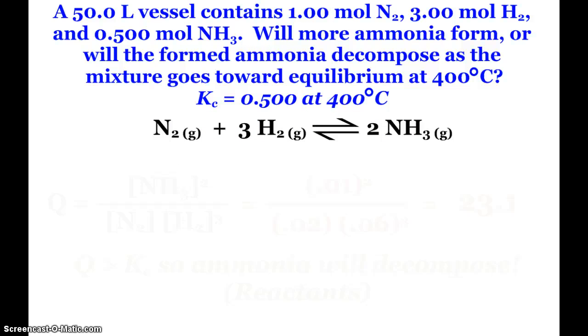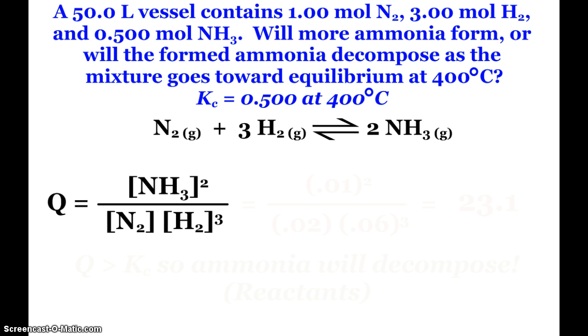We'll use our ammonia reaction. We've got a 50-liter vessel, 1 mole of nitrogen, 3 moles of hydrogen, and a half mole of ammonia in that vessel. So which way is the reaction going to go as it heads towards equilibrium at 400 degrees Celsius? And there's my Kc. So again, my Q expression is the same as Kc.